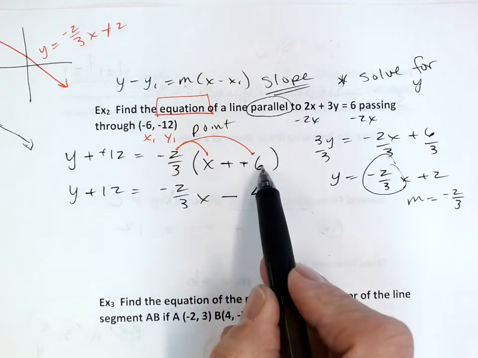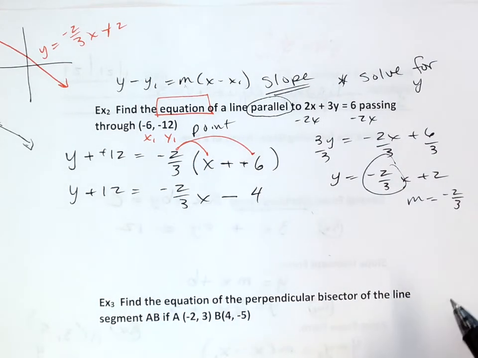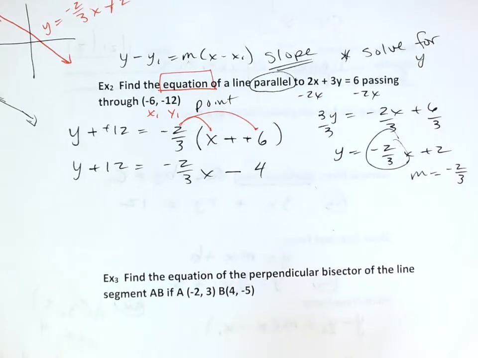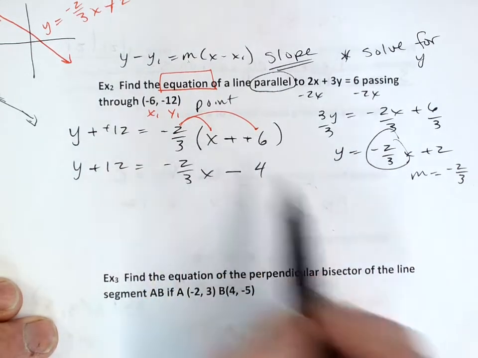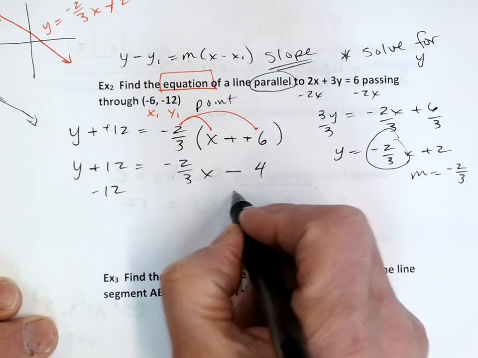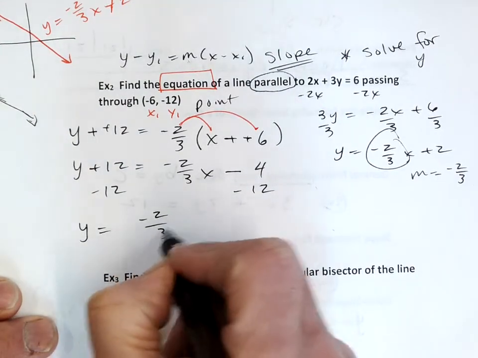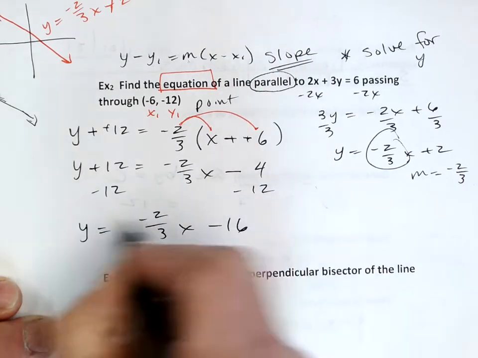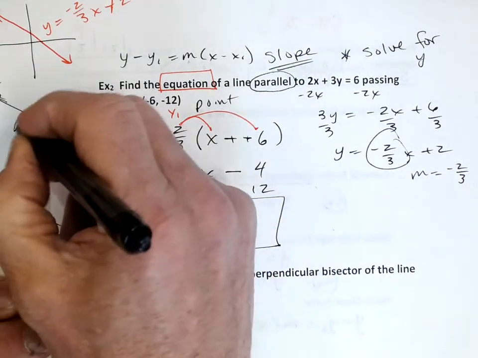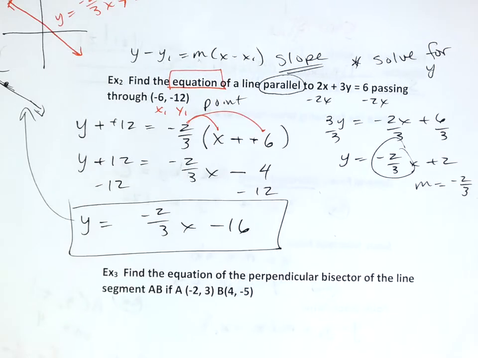Or 3 goes into 6, 2 times, 2 times 2 is 4, okay? Or use a calculator, right? But I like 2 times 6 is 12 divided by 3 is 4. Subtract 12, subtract 12. y is equal to negative 2/3 x minus 16, which is the equation of that line right there. And they are parallel, same slope.